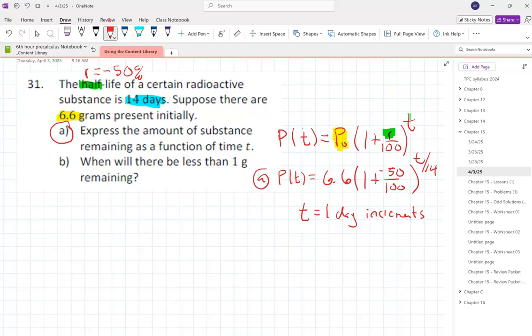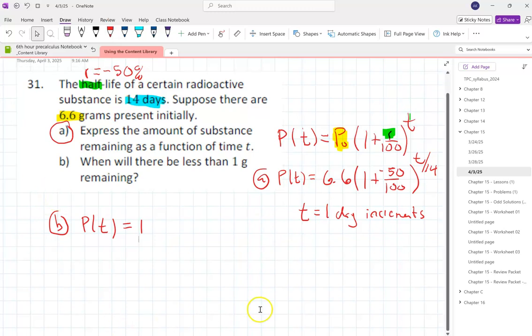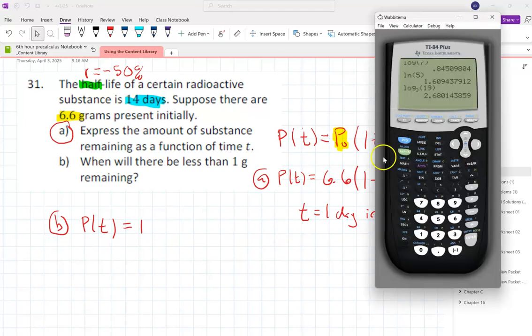For B, then, it's asking when will there be less than 1 gram remaining. So I just need to solve P of T equal to 1 then, right? To do that, I'm going to use my graphing calculator.